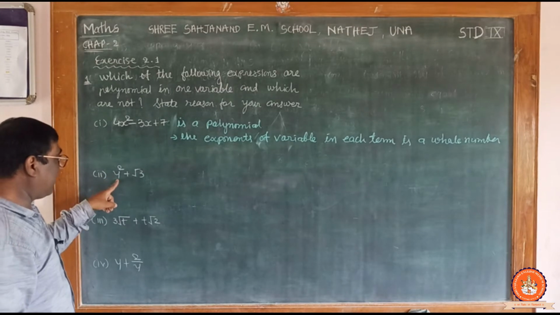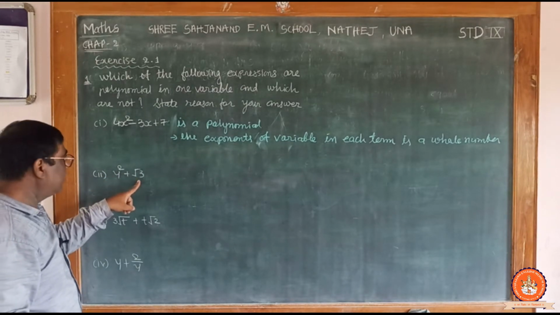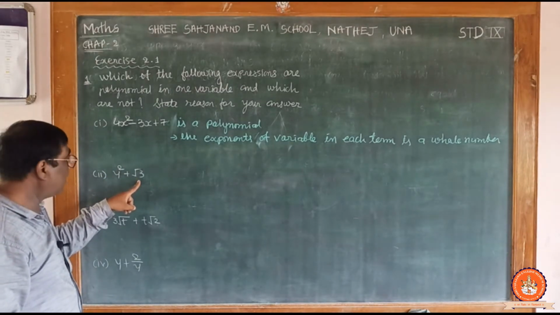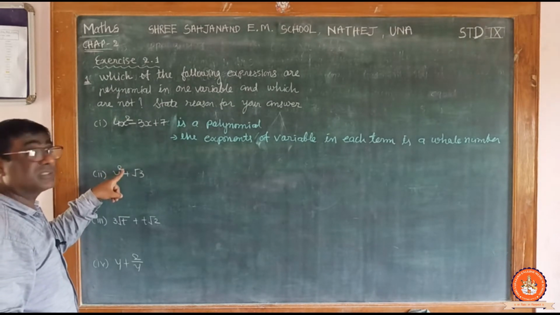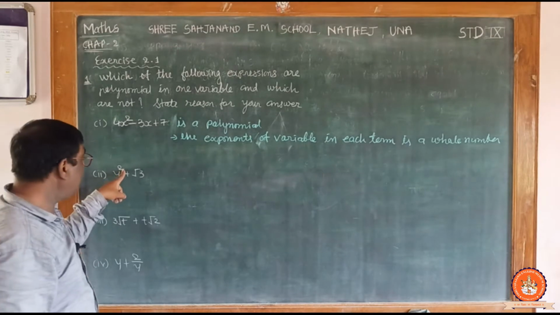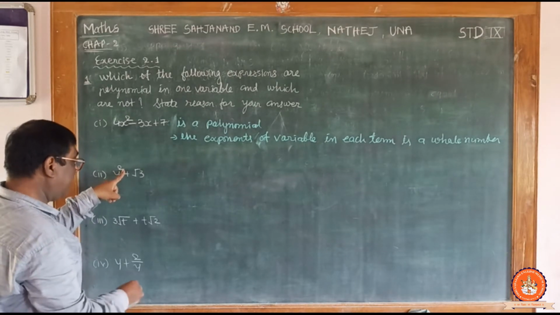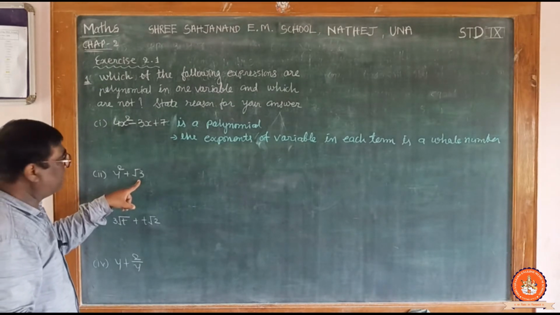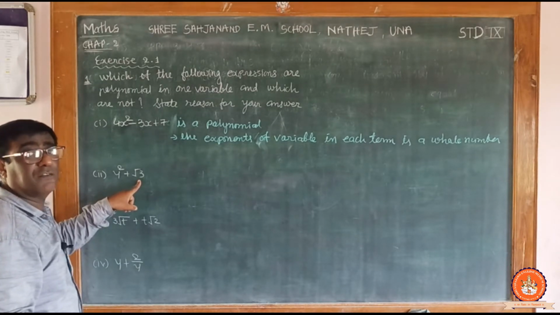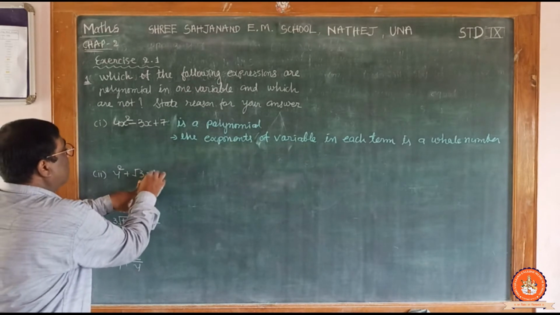Now, is y square plus root 3 a polynomial in one variable or not? Look at it. y raised to 2, the power of the variable, 2, is a whole number, and root 3 is a constant, and a constant term always has the power of the variable equal to 0.